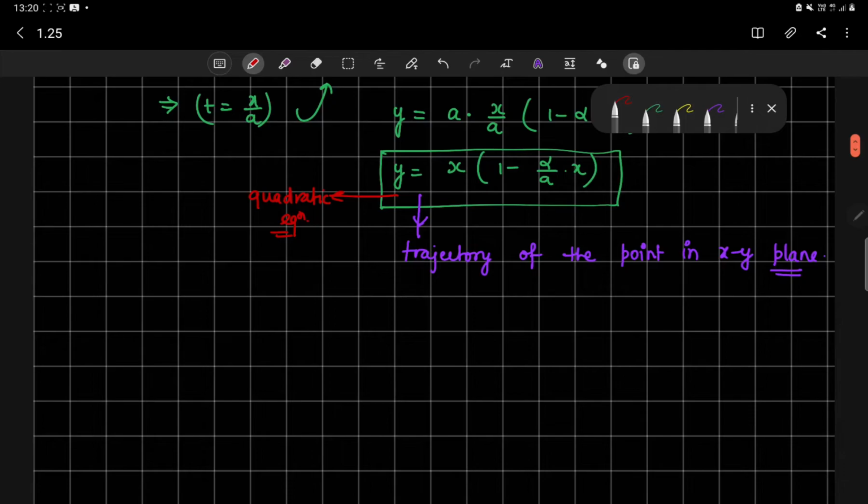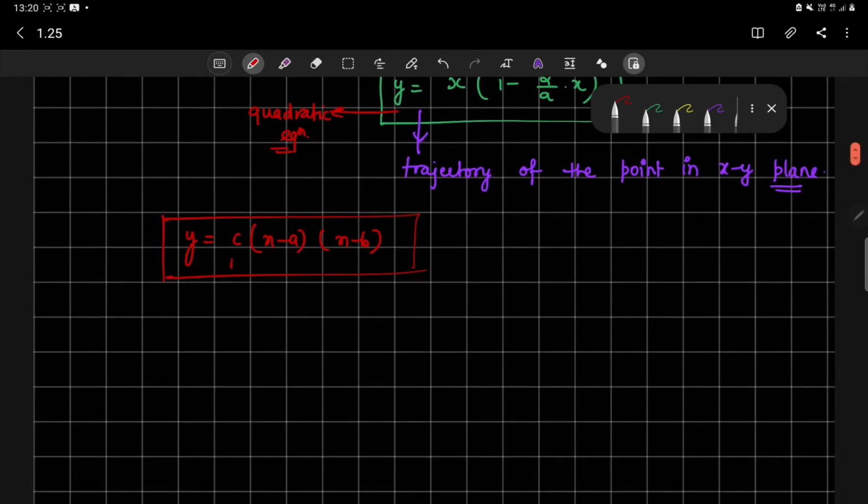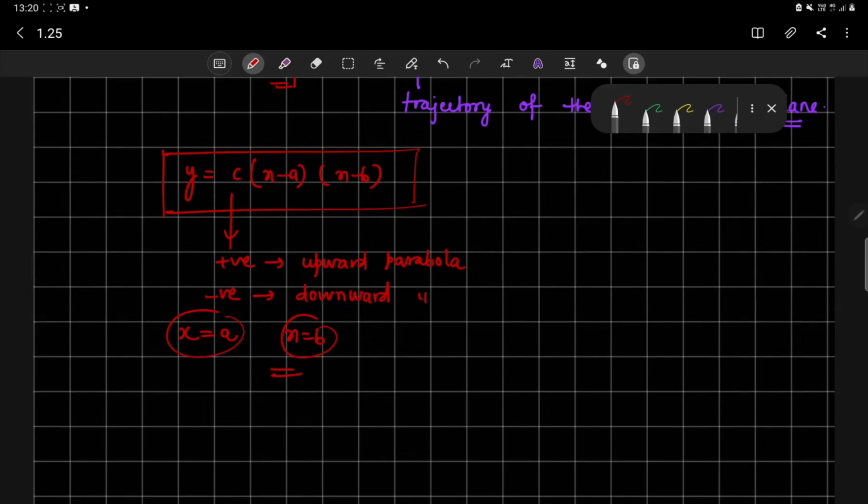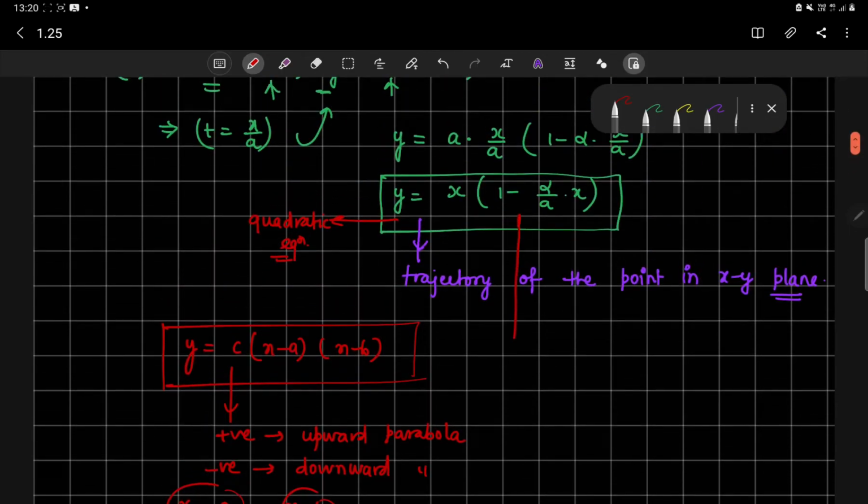If we write the standard form of the quadratic equation, we can write it as y is equal to c times (x minus a) into (x minus b), where if c is positive, then this represents an upward parabola, and if c is negative, then this is a downward parabola, and the roots of this equation are x is equal to a and x is equal to b.